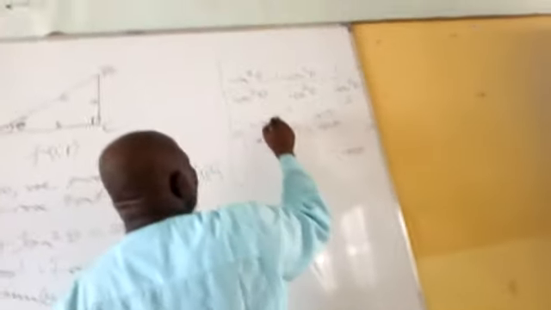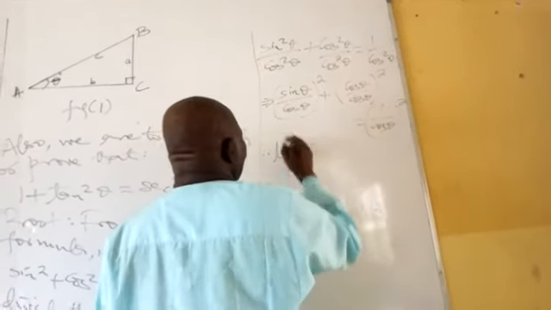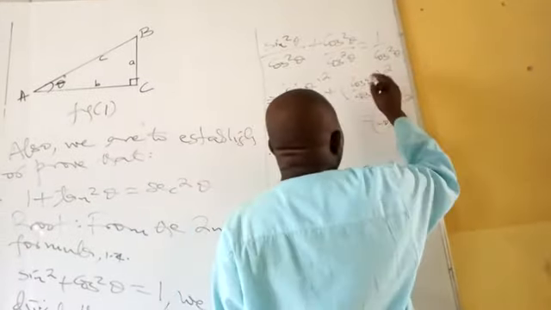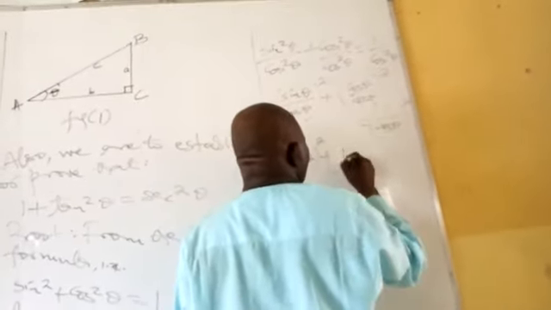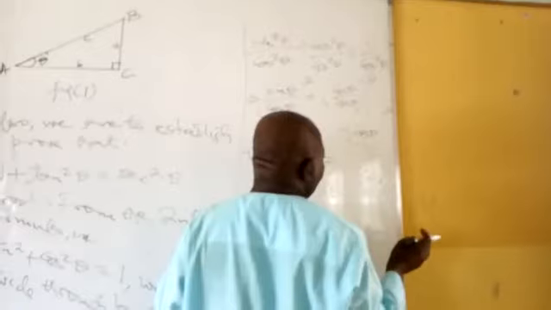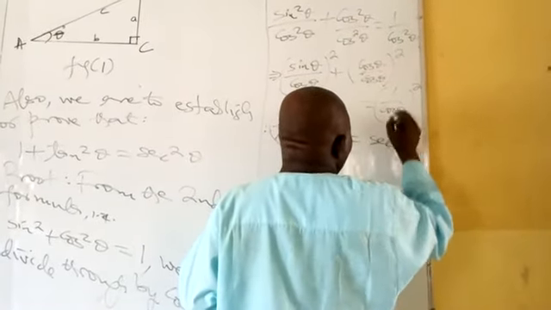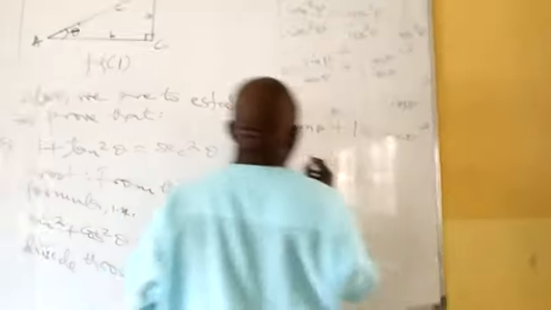Now, we do know that sin theta over cos theta is tan theta, all square, plus cos theta cancels cos theta, and that will be 1. 1 over cos theta is the inverse of cos theta, which is sec theta, square.